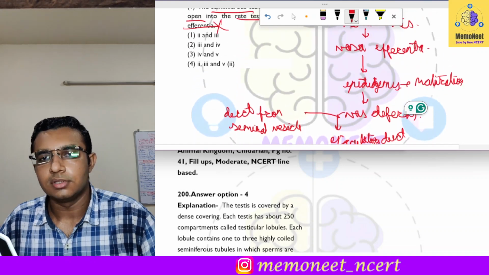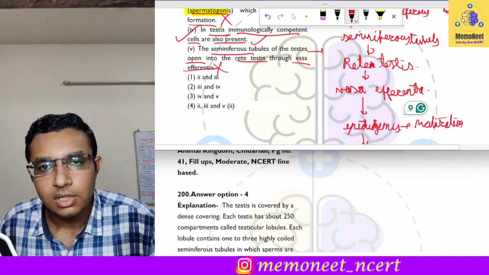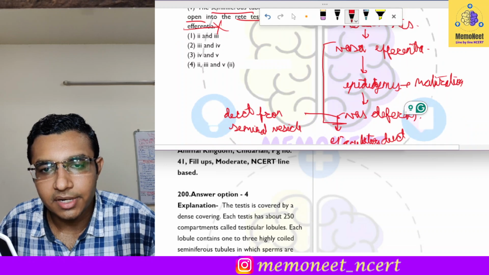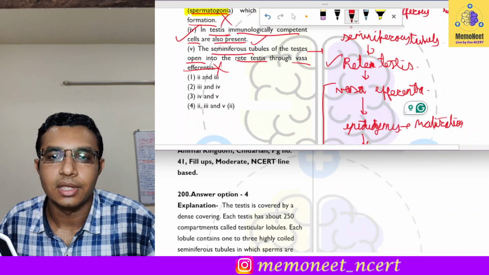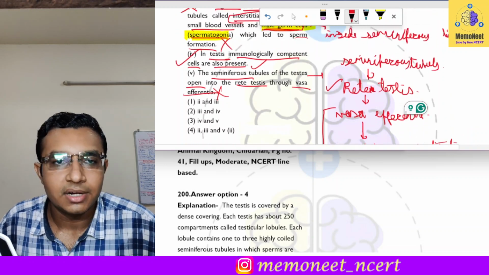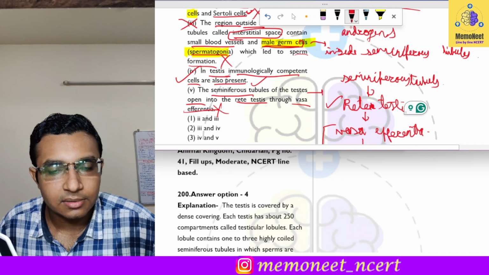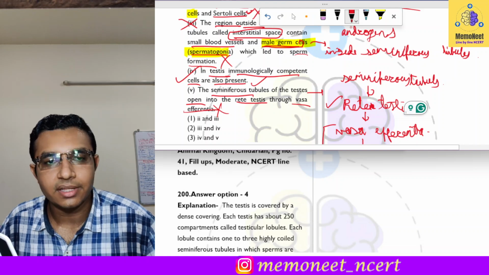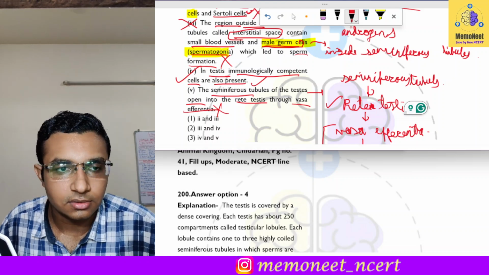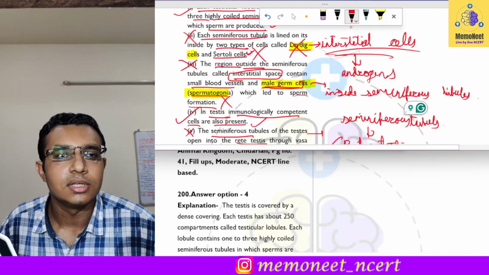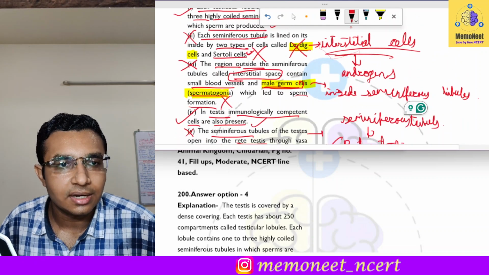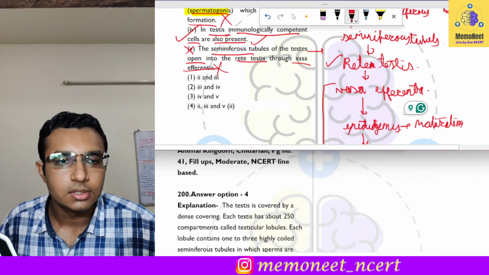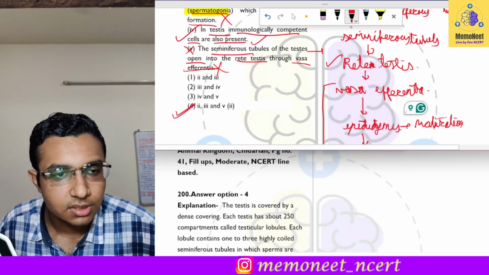So this is the pathway of the sperm. The rete testis comes first, then the vasa efferentia, then the epididymis, and then the vas deferens. But in the question it is given that the vasa efferentia comes first and then the sperm enter into rete testis. So this statement is incorrect. So the statements which are incorrect are 2, 3 and 5. So the correct answer of this question is option 4.